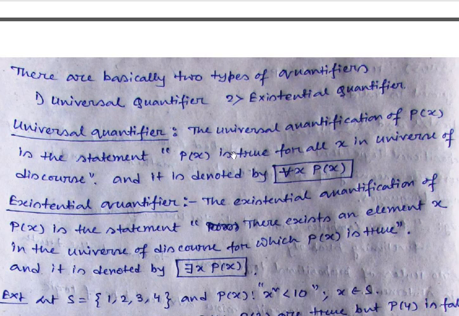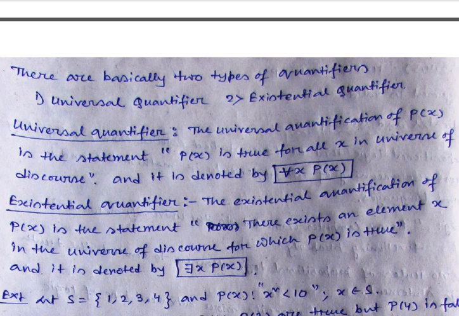This type of statement is known as the universal quantification of the propositional function P(x). And what is the notation? The notation of the universal quantification is "for all x, P(x)". Whenever you see this symbol, for all x, remember that it represents a universal quantifier.